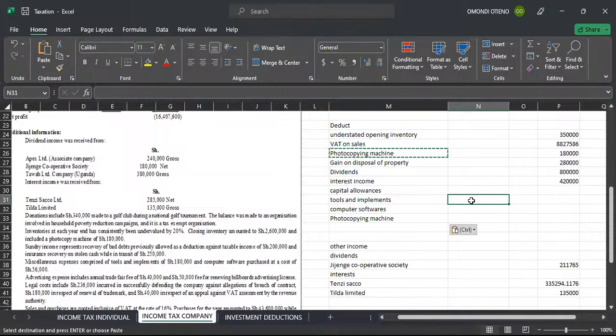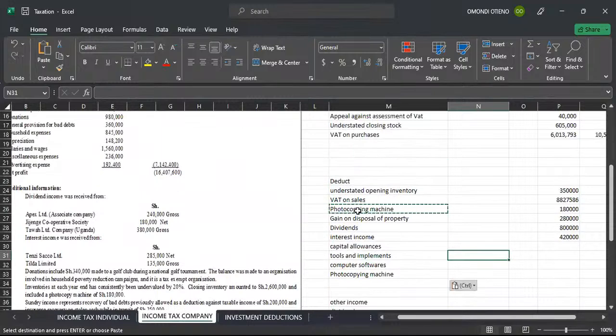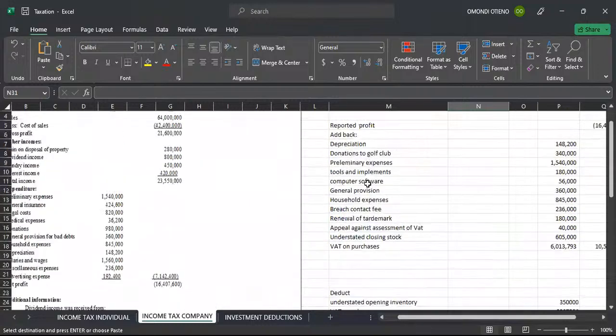Remember, even if you are to say what to add and what to subtract, look at this photocopying machine. We are deducting it based on how it was treated or how it affected the profit. These other assets, which are also fixed assets, we are adding them back based on how they affected this profit.